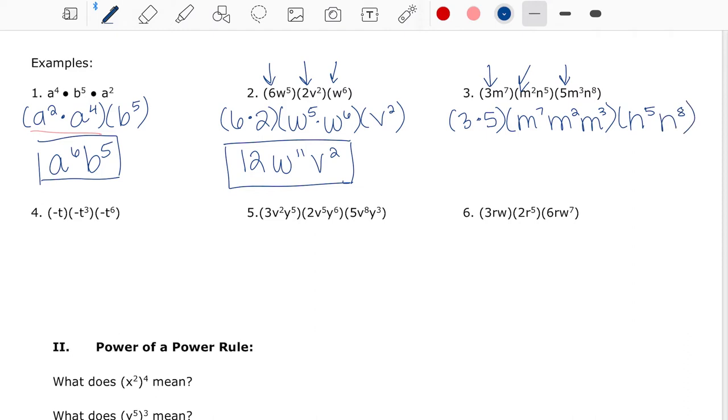All I'm doing is just rewriting the multiplication problem in a different way because it does not matter what order I multiply in. So this simplifies to 15, and here I'm multiplying same bases so I can add my exponents. So this will simplify to m to the 12th, and then our second grouping of n will simplify to n to the power of 13.